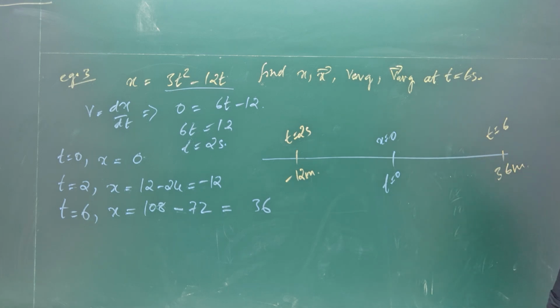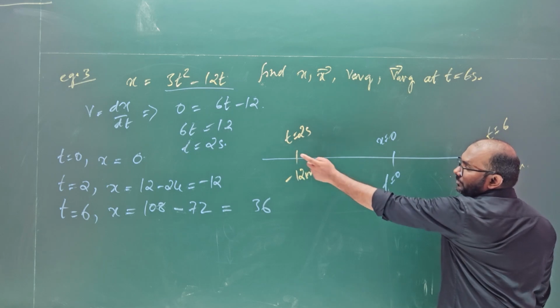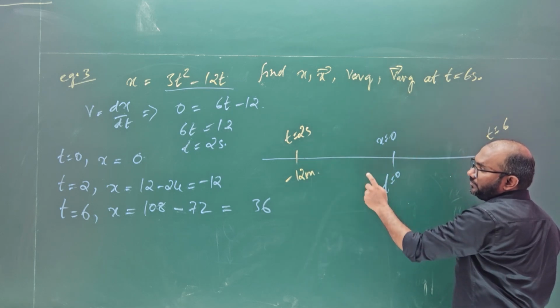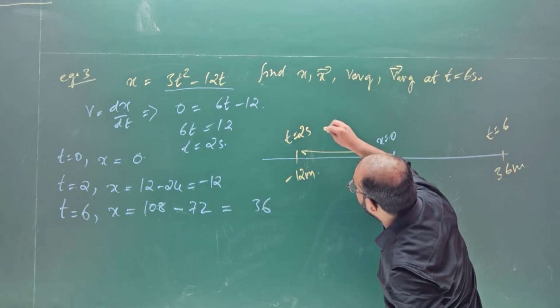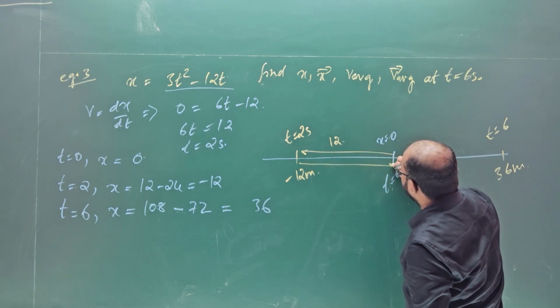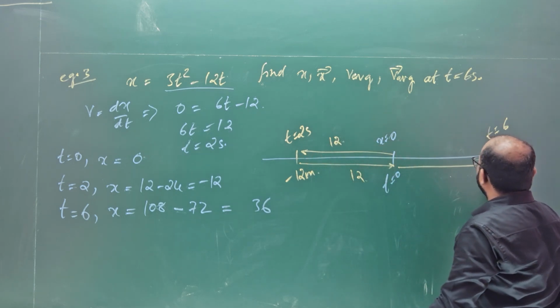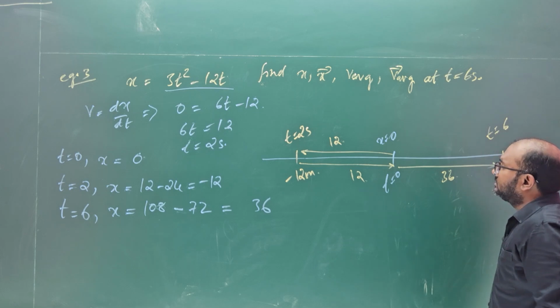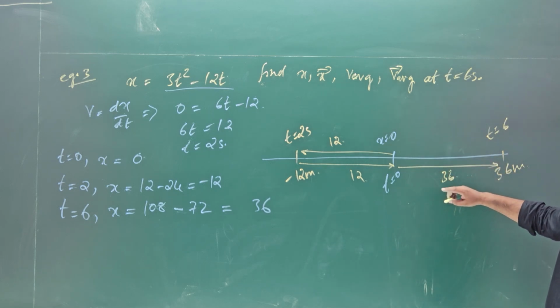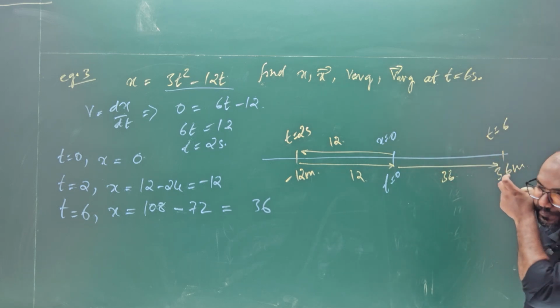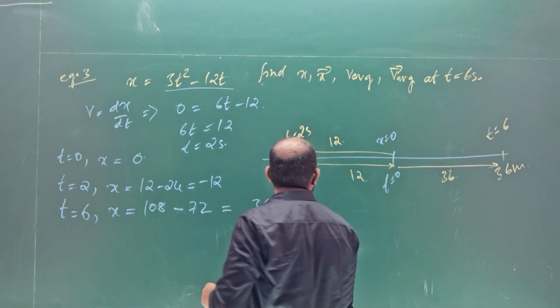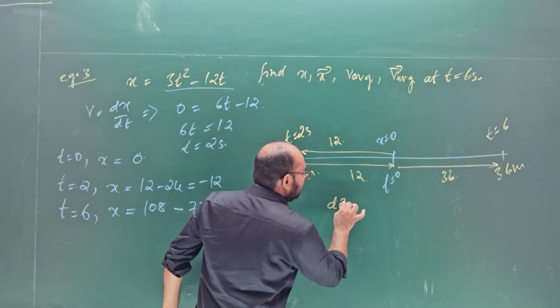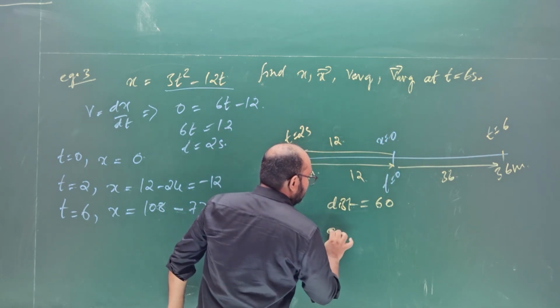What is the distance traveled now? From here to here 12, then from here to here 12, then from here to here 36. So 12, 12, 24, and 24 plus 36, 60. So distance is 60.